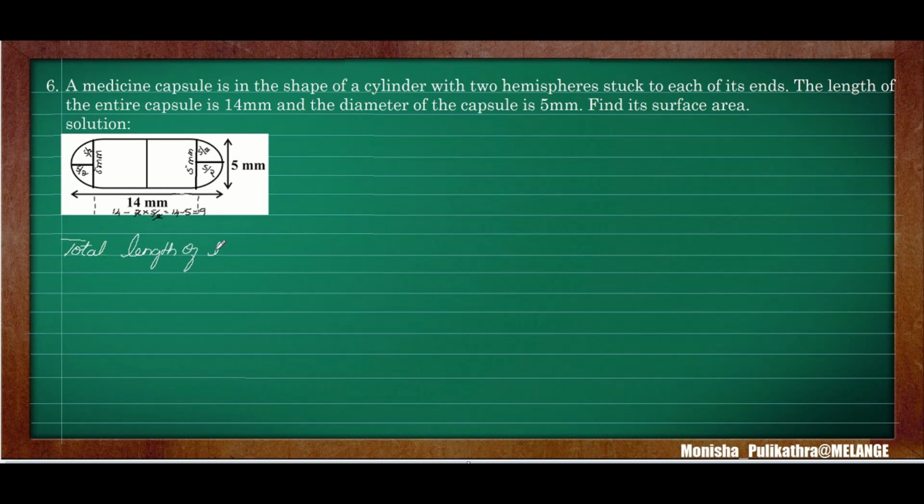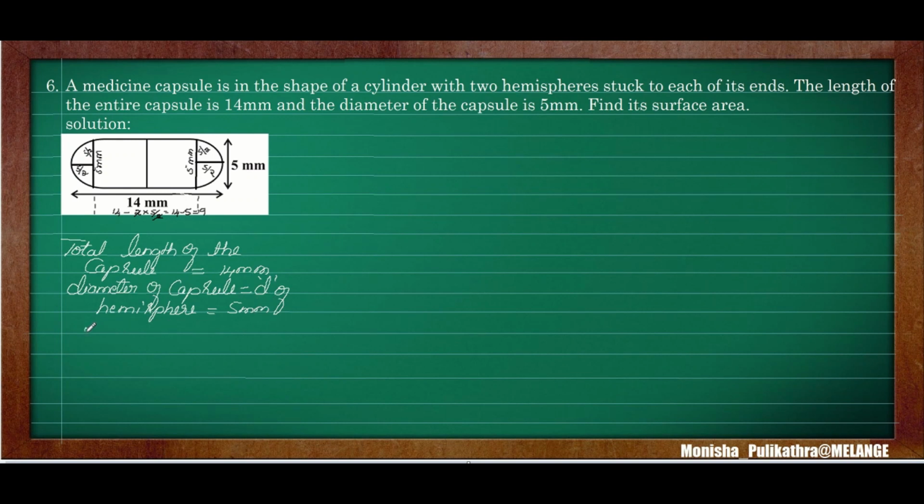So the total length of the capsule is equal to 14 millimeter. The entire length of the capsule is 14 millimeter, whereas the diameter of the capsule, so this will be the diameter, will be equal to the diameter of the hemisphere, which is equal to 5 millimeter.